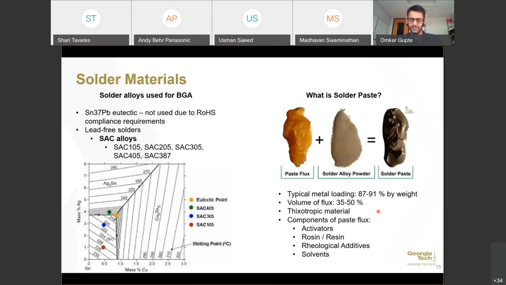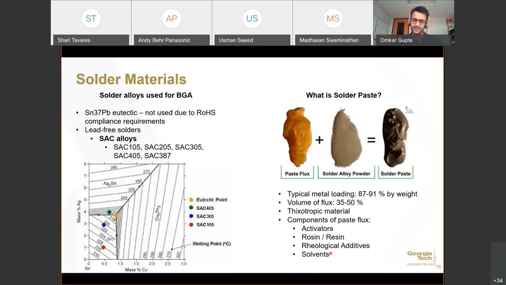It can be compared to ketchup, where when the ketchup is squeezed through a bottle, a shear force is applied and the viscosity is lower, because of which it can flow. But when it's squeezed out onto the plate, it doesn't change its shape and stays in place. So the solder paste acts in a similar way rheologically.